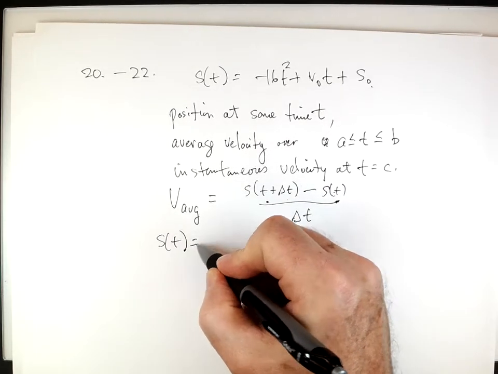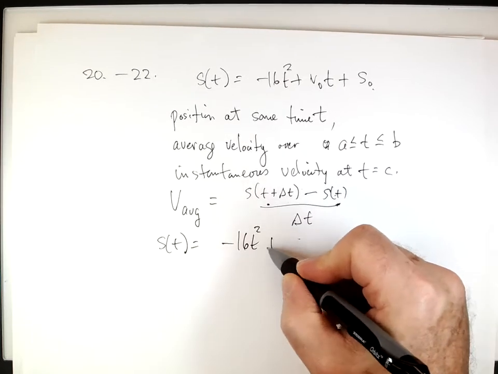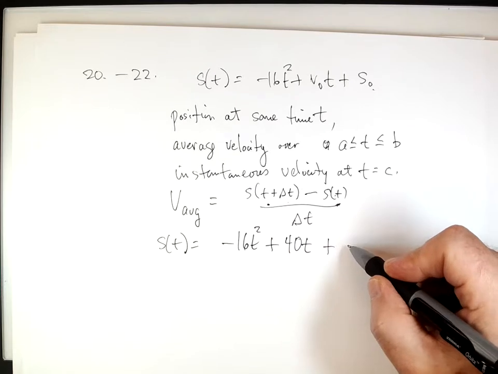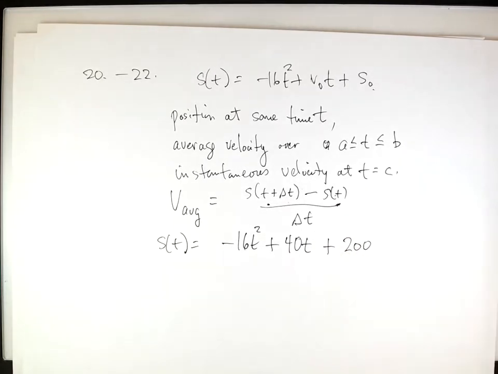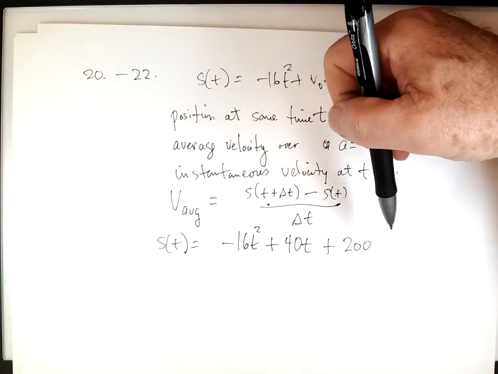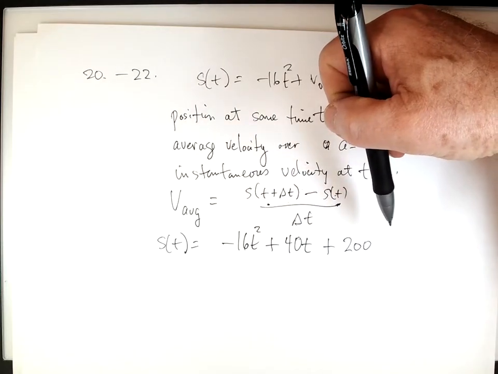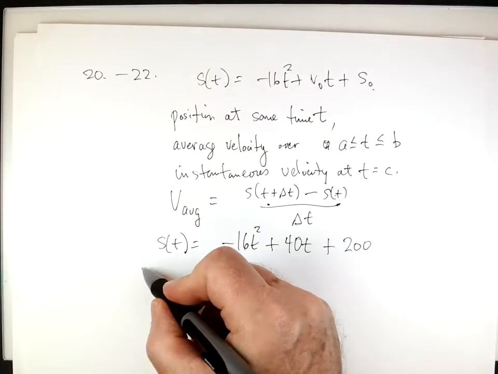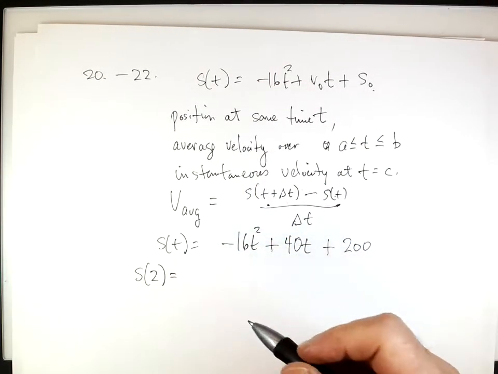Let's suppose I give you this. You're on top of a 200-foot cliff, and you throw a rock up in the air at 40 feet per second. This will give you the position of that rock at any given time t. Let's say you want to find the position of this rock at t equals 2, so S of 2 seconds.